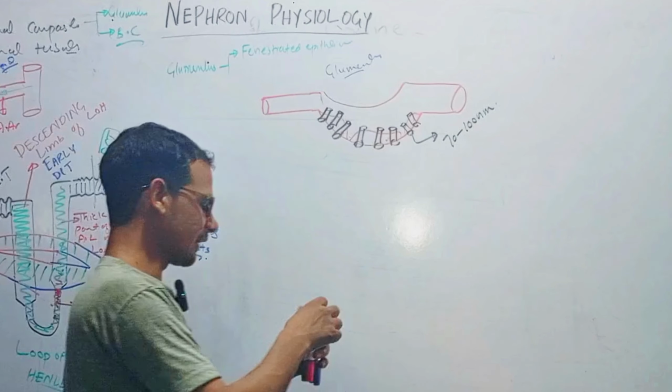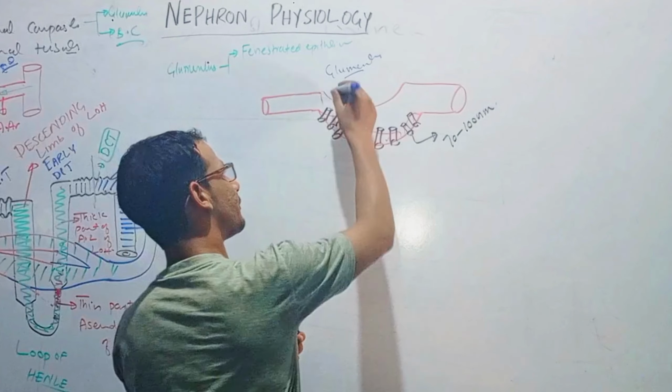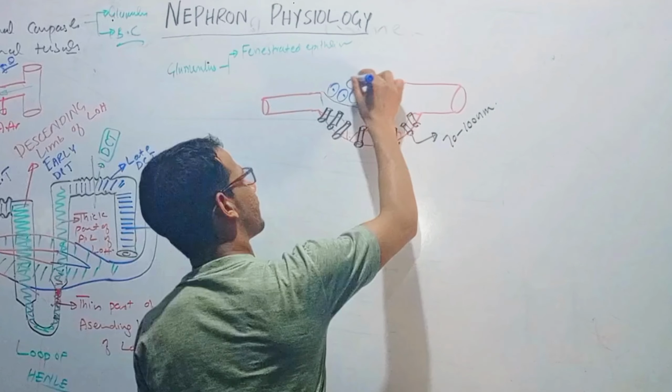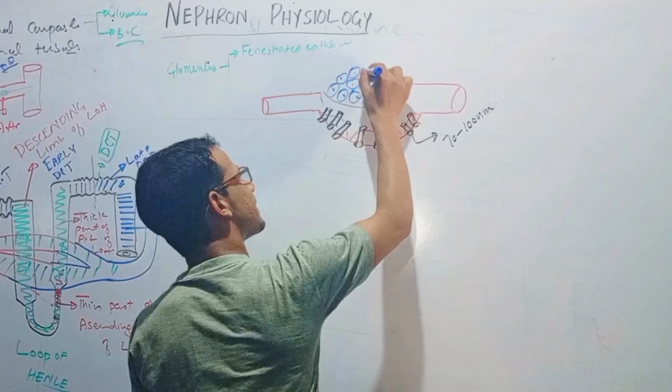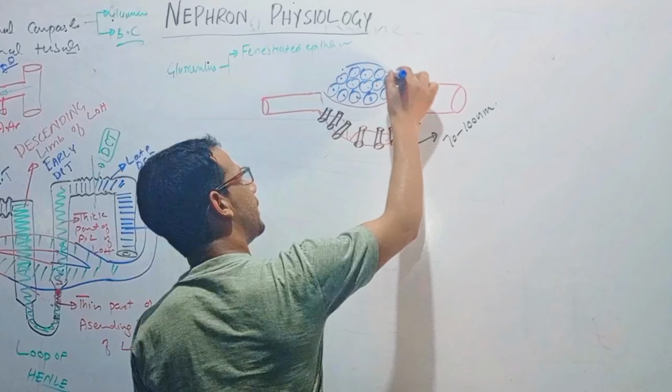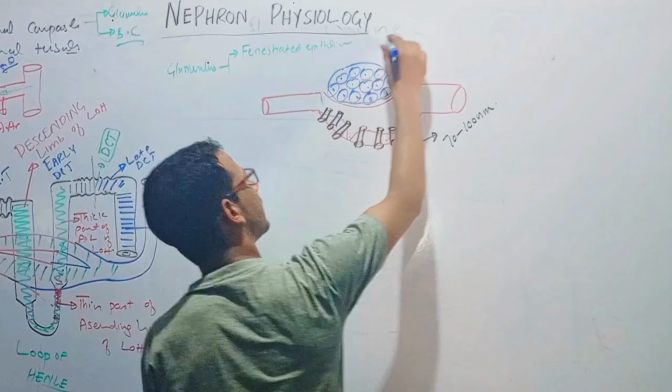The second thing, very special types of cells are present in this glomerulus called mesangial cells. And these mesangial cells, collectively, are called the mesangium.